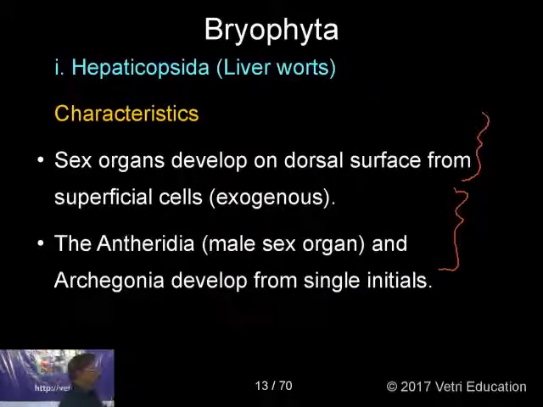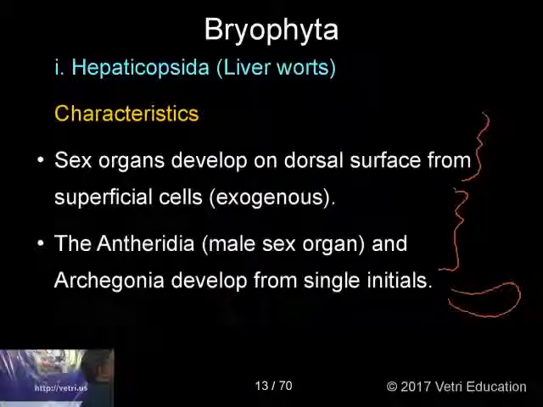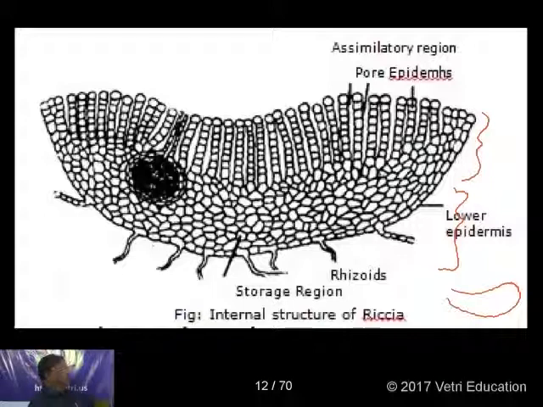In the internal structure, this is the dorsal side and this is the ventral side. The ventral side has these rhizoids, and the dorsal side has the assimilatory region or photosynthetic filaments. The sex organs develop on the dorsal side of the thallus.